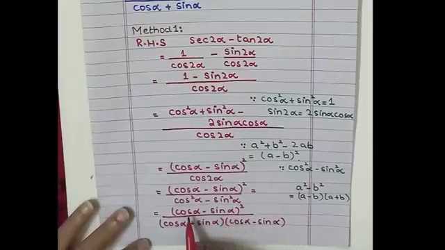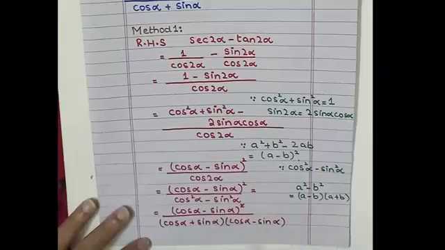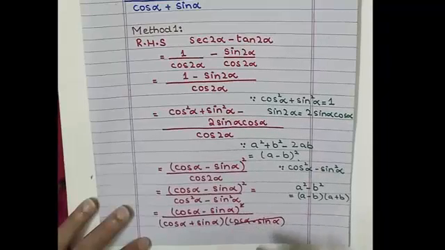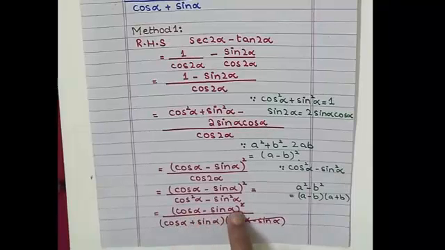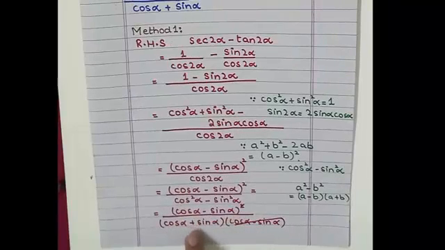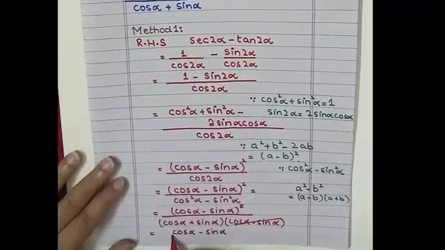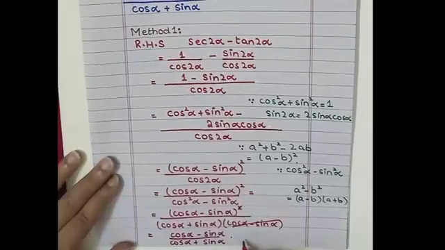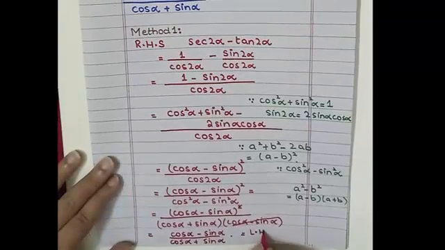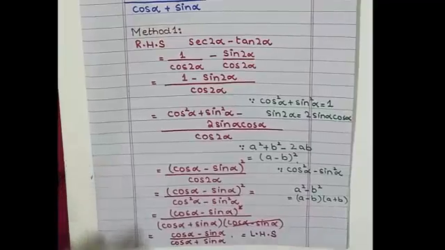The numerator is also cos alpha minus sin alpha whole square. So cancelling out the square with this term, we have cos alpha minus sin alpha over cos alpha plus sin alpha left. So we have proved this is equal to the left hand side.